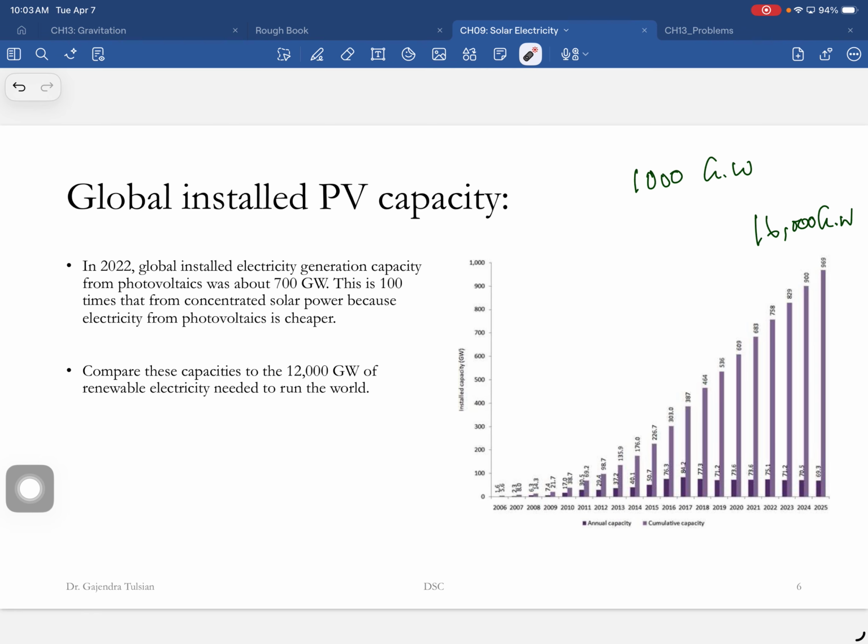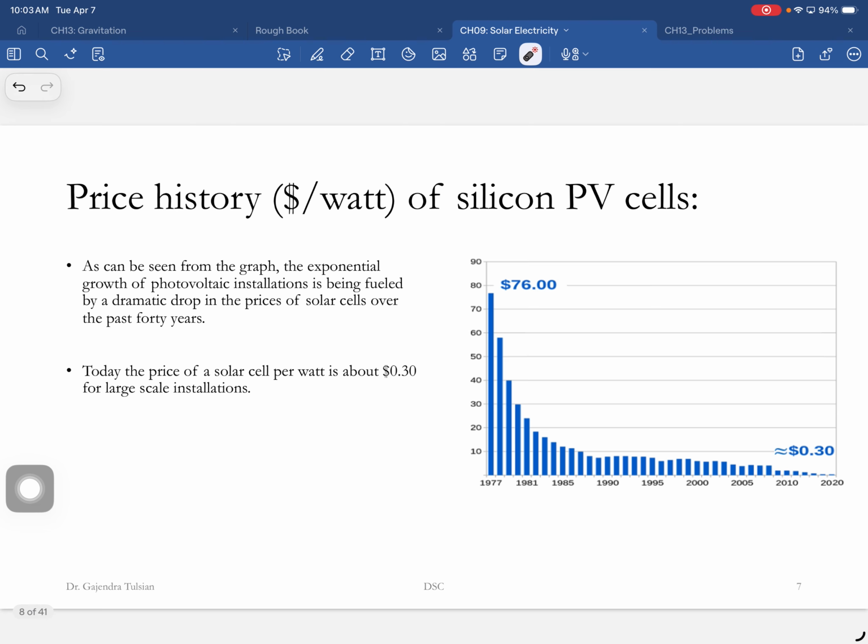Now you can do that on your rooftop. So the price has come down tremendously, and that's why we're starting to use solar cells. Today the price of solar cells is about 30 cents per watt for large-scale installations.